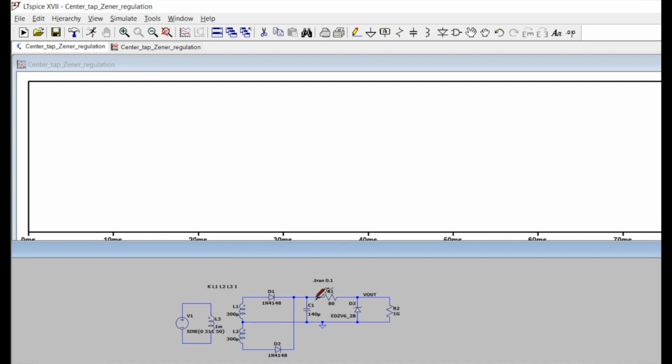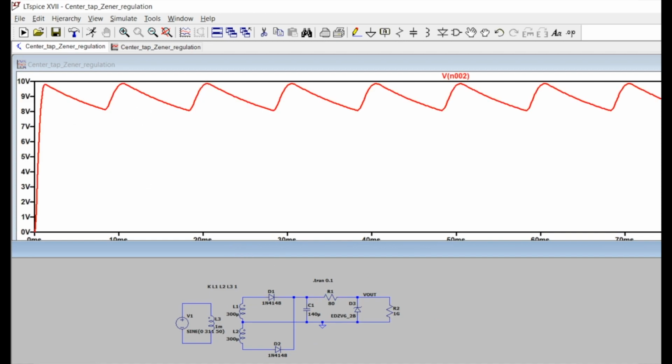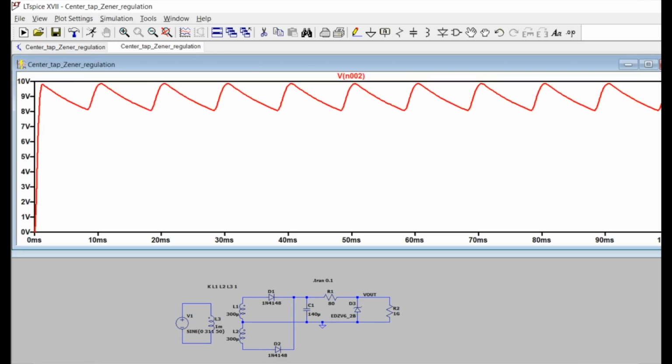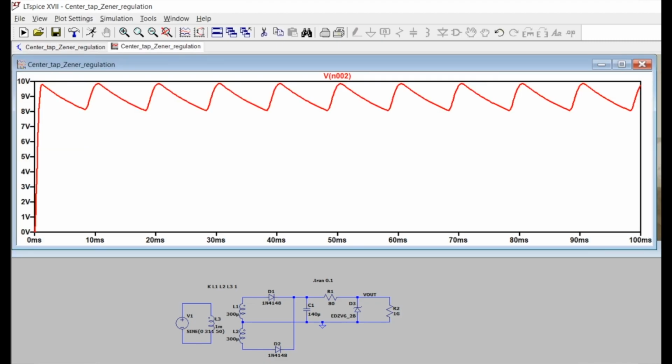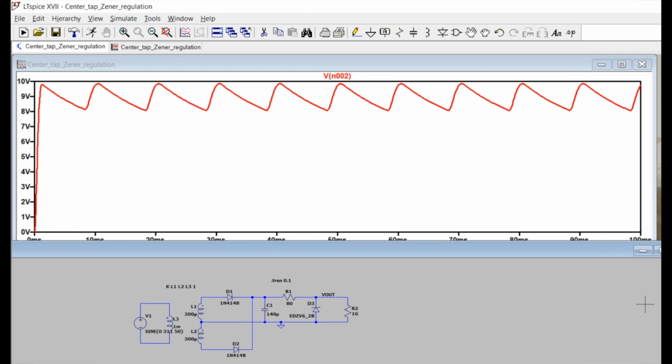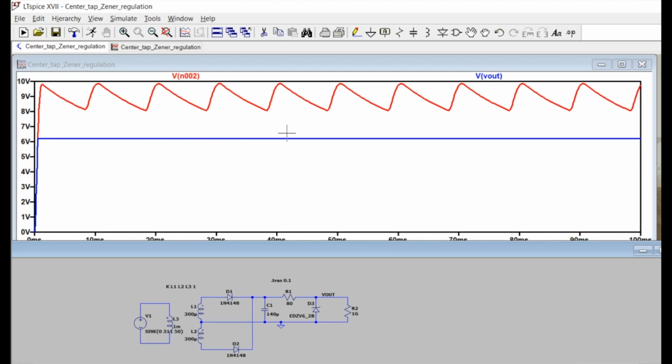If I plot here, you can see this waveform. Here you can see that it is going almost towards 10 volts, and then it's coming down. This is the case when we are considering R1 to be 80 ohms, and this diode also has a breakdown of around 6.2 volts.